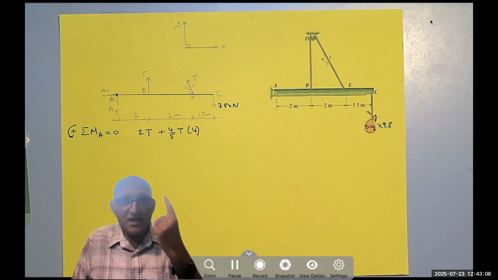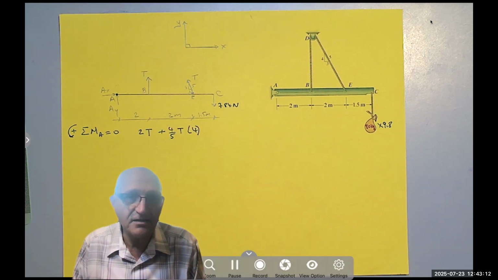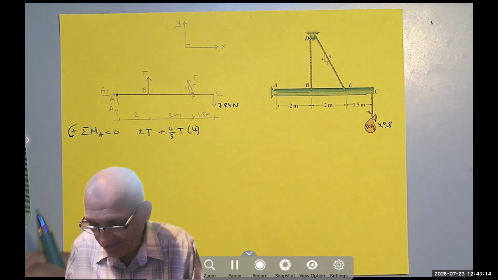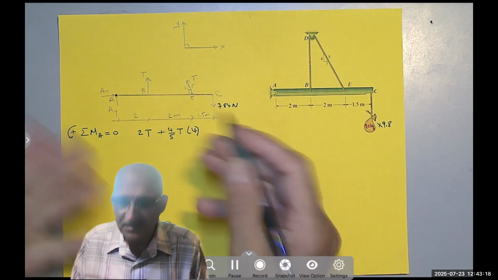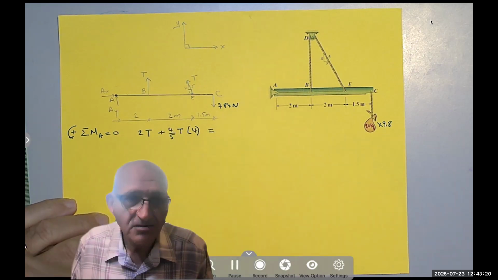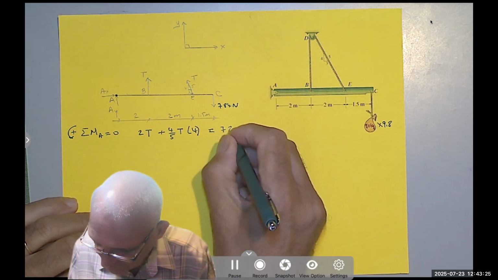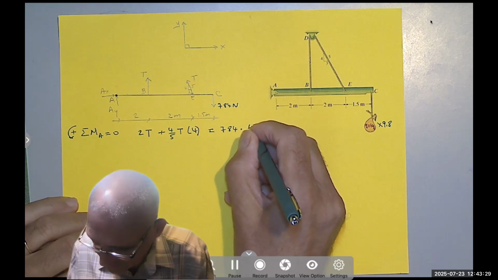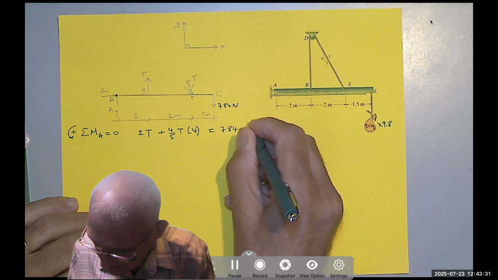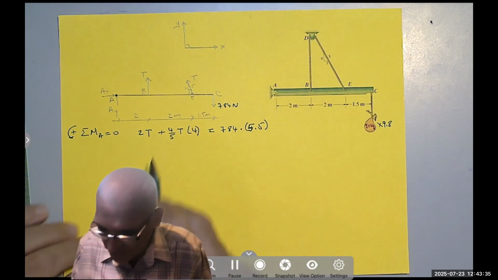So even though it's one unknown, it's producing two different moments about point A. Okay? Now, minus. So instead of saying plus minus, we can simply say equals, right? You move it to the right-hand side and you say equals 784 times 5.5, right? 4 and 1.5.